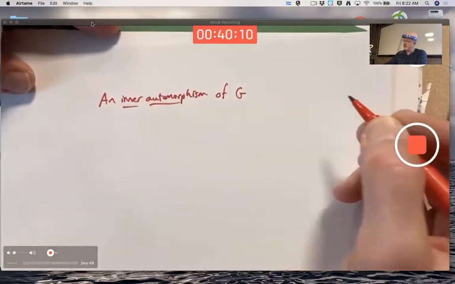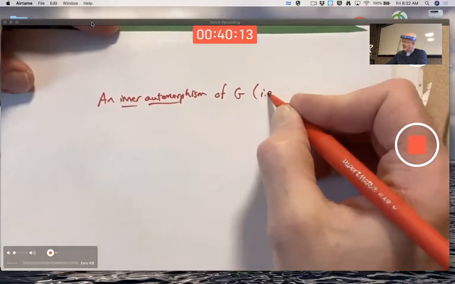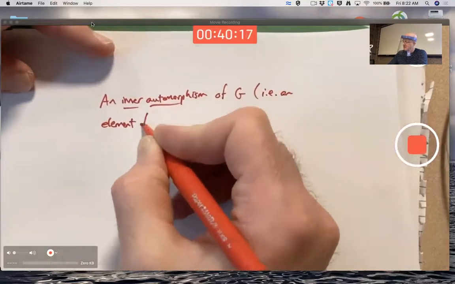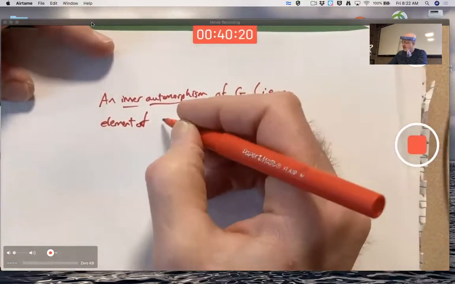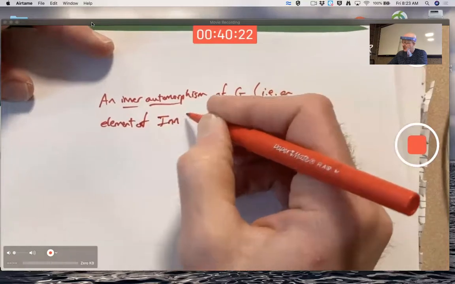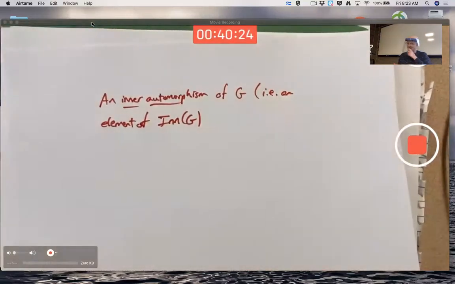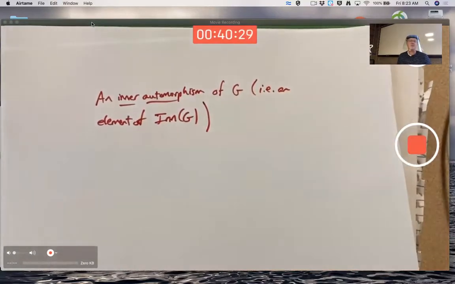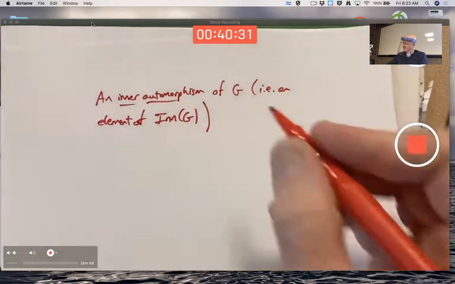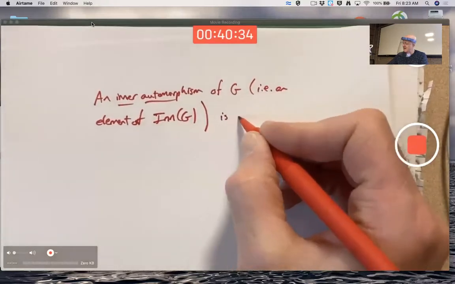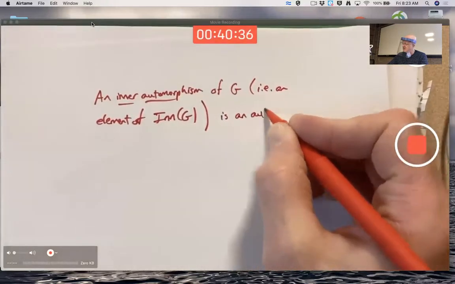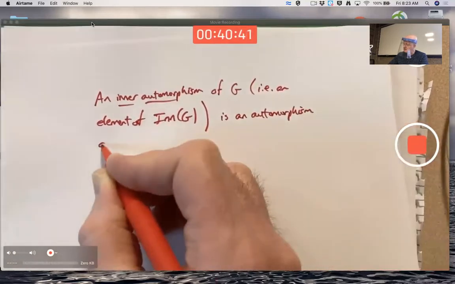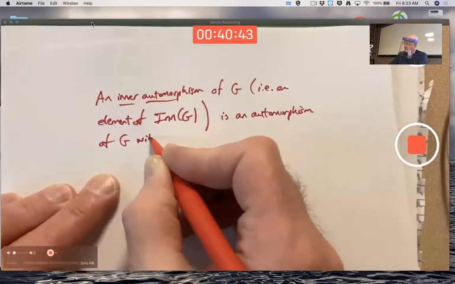Of G, a group. In other words, an element of G, INN as an abbreviation for inner, is an automorphism of G with a special kind of formula.